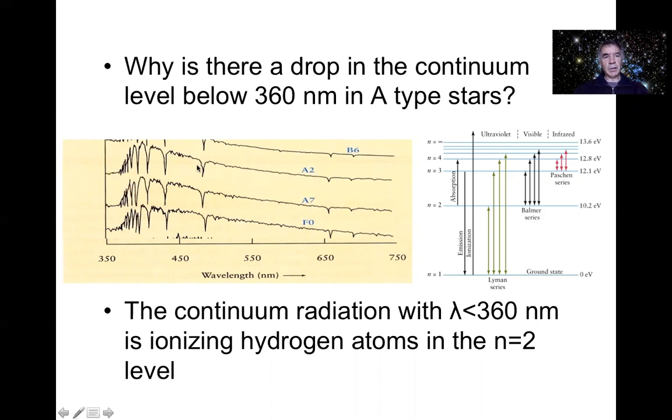Okay. So what's happening? You can see that the Balmer lines are getting closer and closer together here. As you go up through the sequence, alpha, beta, gamma, delta, etc., they're getting closer and closer together. If we go back to our hydrogen energy level diagram, here's the Balmer series: H alpha, beta, gamma, delta.